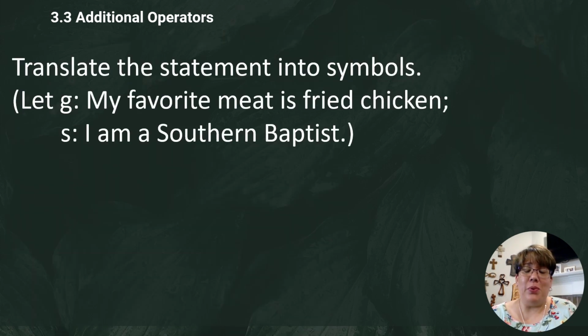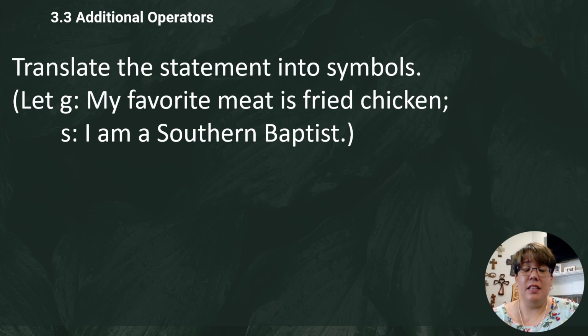Another example that uses additional operators is one of these statements that says translate the statement into symbols, and they'll give you two statements. They'll say let G be my favorite meat is fried chicken, and S be I am a Southern Baptist.